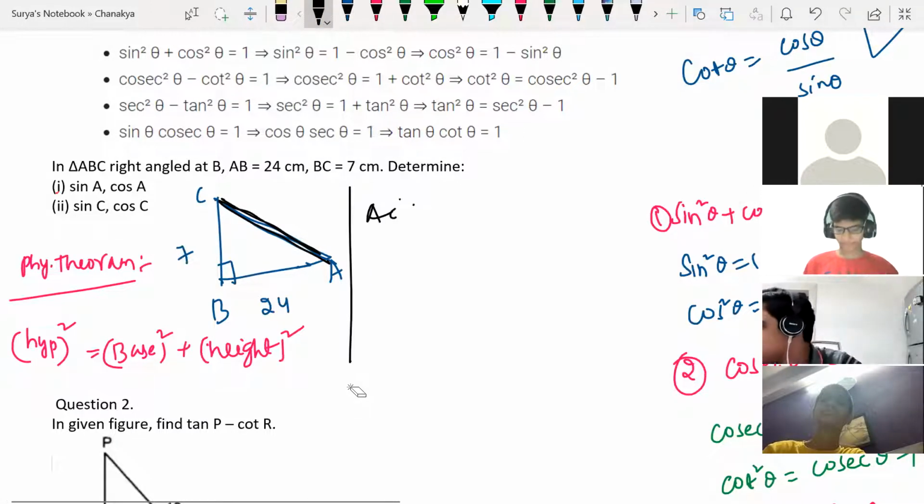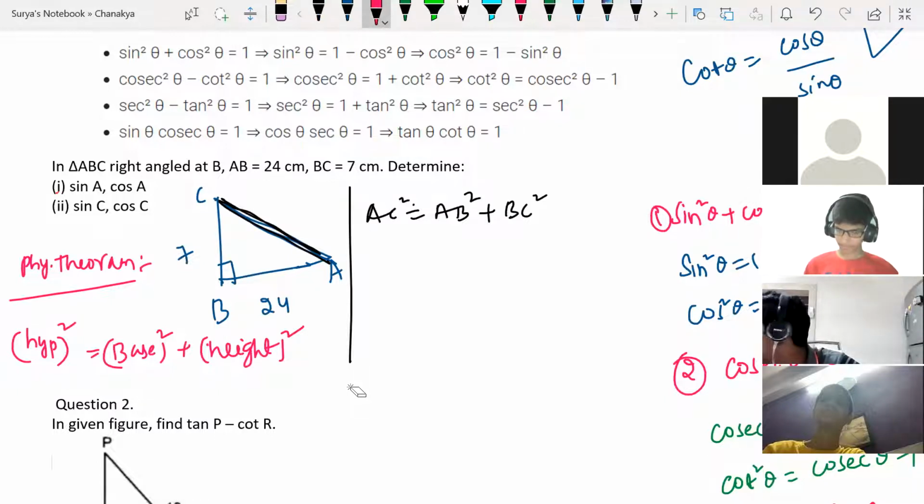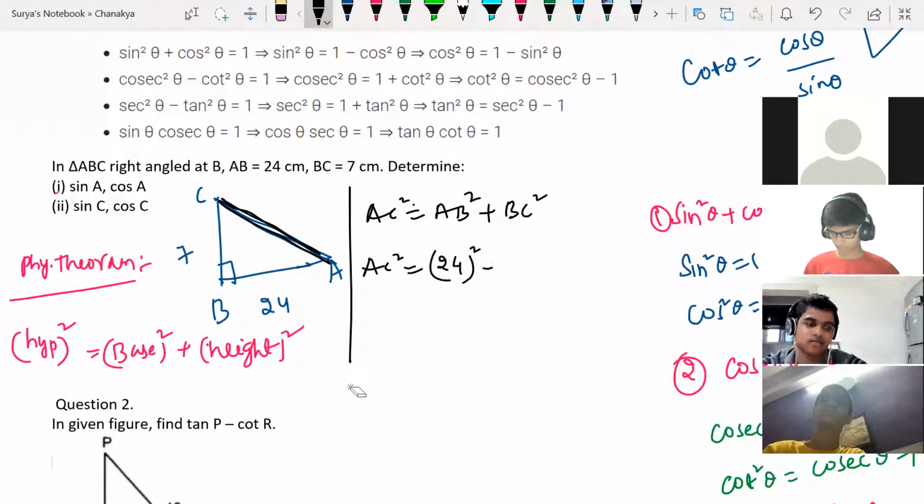AC square is equal to AB square plus BC square. I need to find AC square. So AB square, how much? 24 whole square plus 7 whole square. 24 square is 576, plus 7 square is 49.